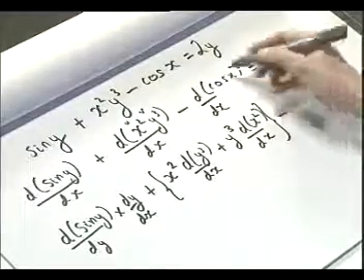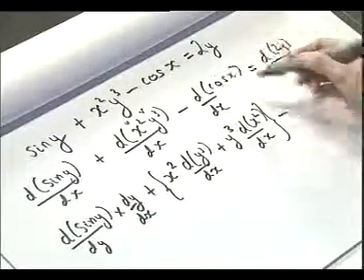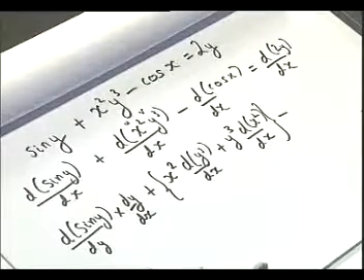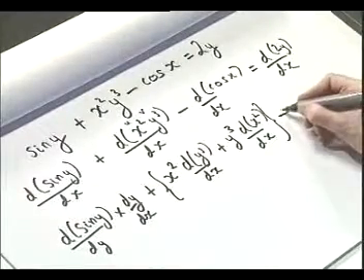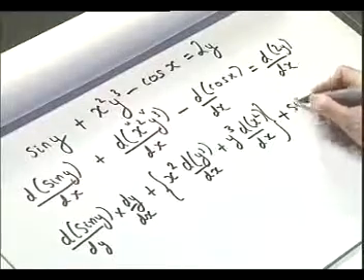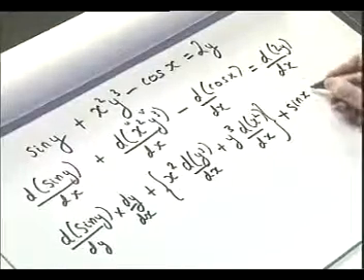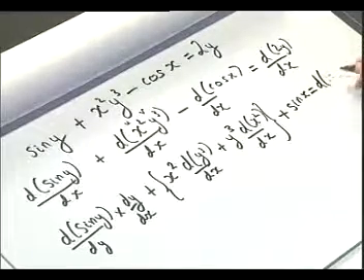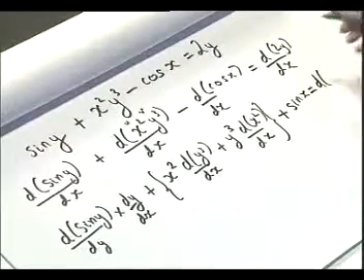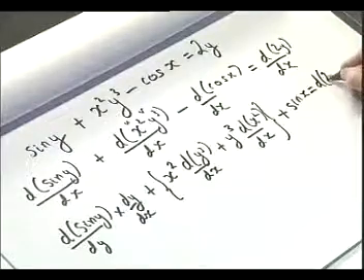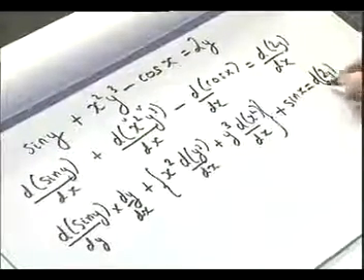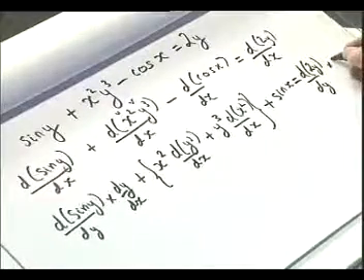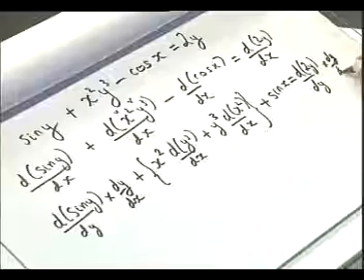Minus, now we can do this one, the derivative of cos x with respect to x. The derivative of cos is minus sine, so a minus and a minus makes a plus sine x, equals the derivative of, and again my chain rule tells me that this is the derivative of 2y with respect to y times dy by dx.